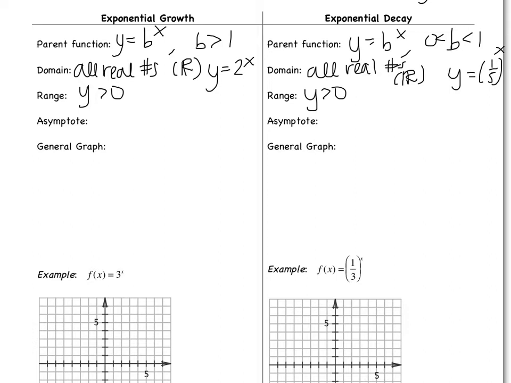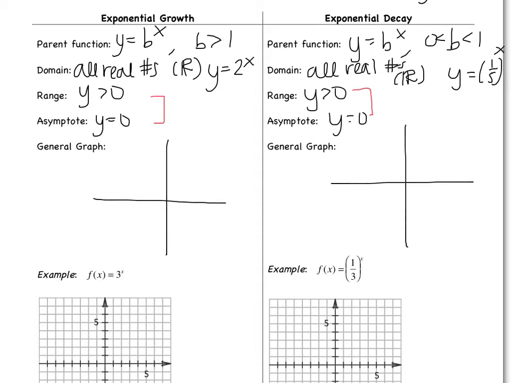Once we move around the graph, it's going to change the range a little bit, but for right now it's just y is greater than 0. The asymptote for both is going to be y equals 0. And something to notice is that the range and the asymptote always are going to match. So on the next page, when we move around our asymptote and our range, it's going to move with the graph.